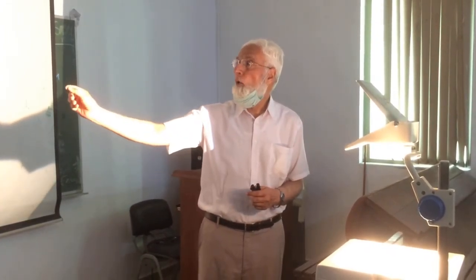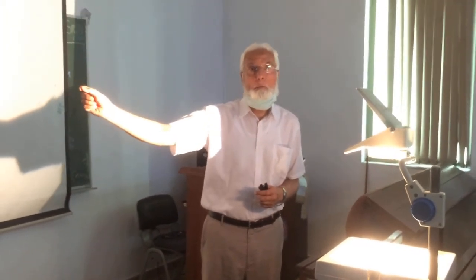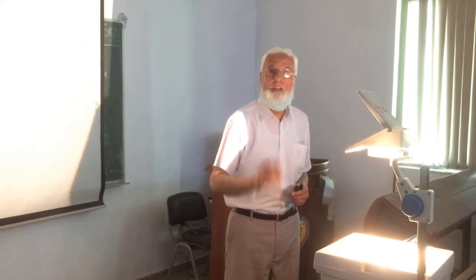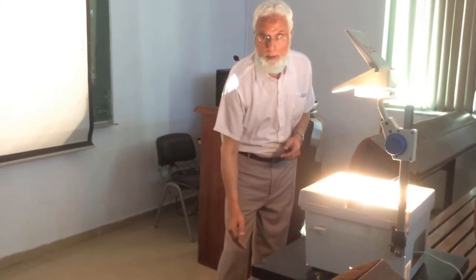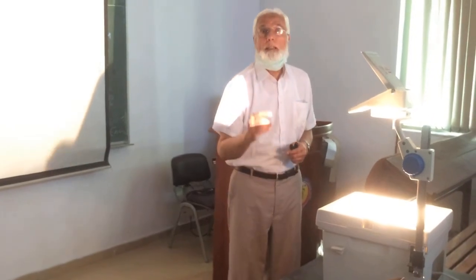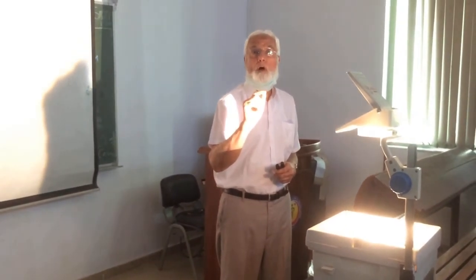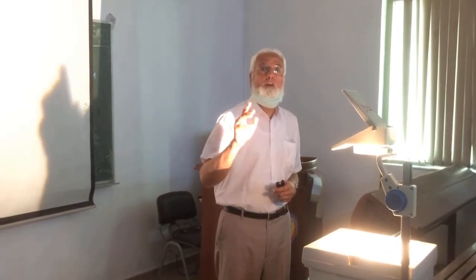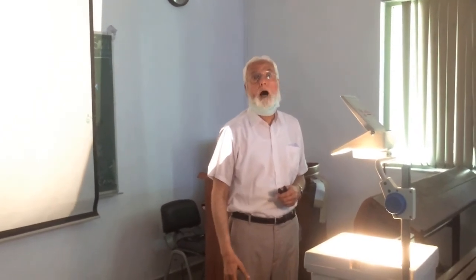This is called phantom limb. The reason is that in the amputated stump, there are cut nerve endings of the nerve fibers which were carrying impulses from the lower leg.